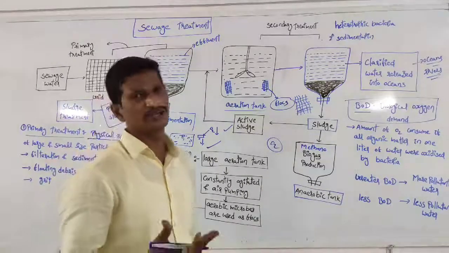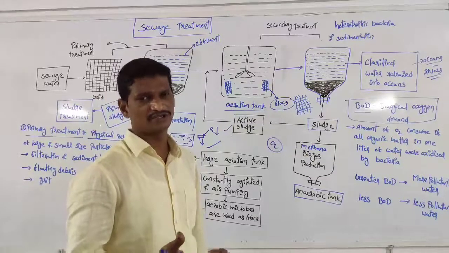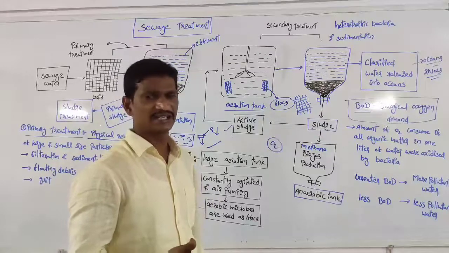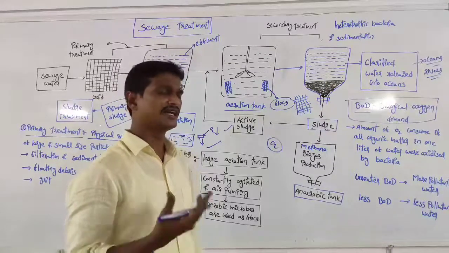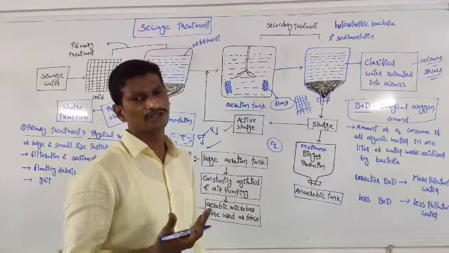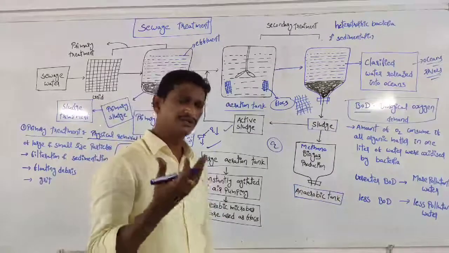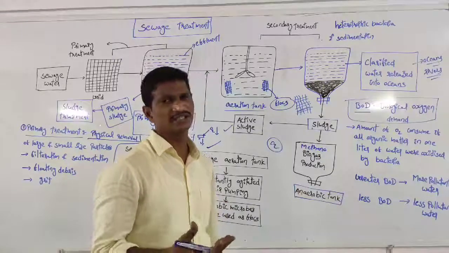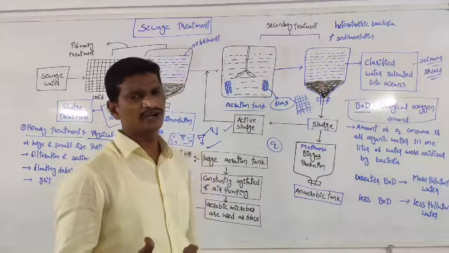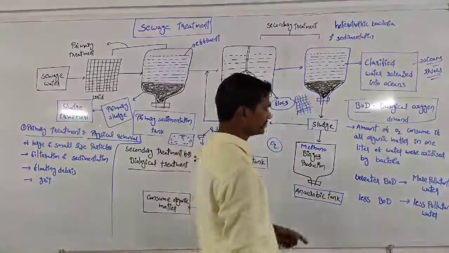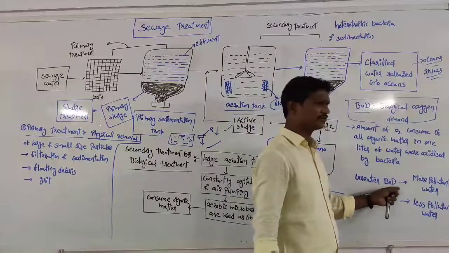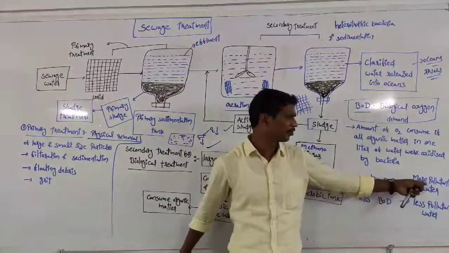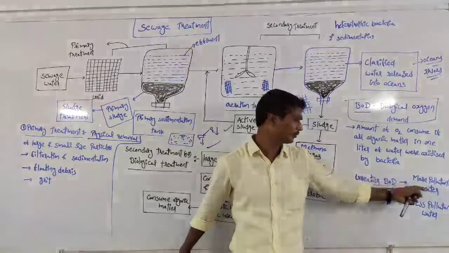If we measure the oxygen levels, based on oxygen levels we can say whether the water is highly polluted or less polluted. Based on BOD values, biological oxygen demand values, we can say the water is highly polluted or less polluted. See, if the water gives a high BOD value, the water is more polluted.